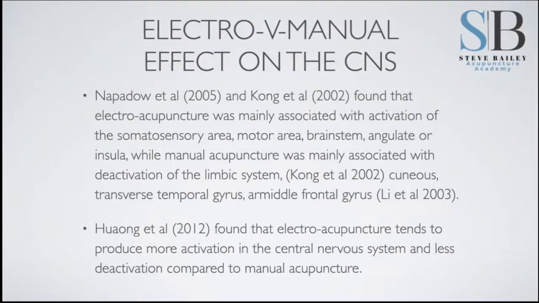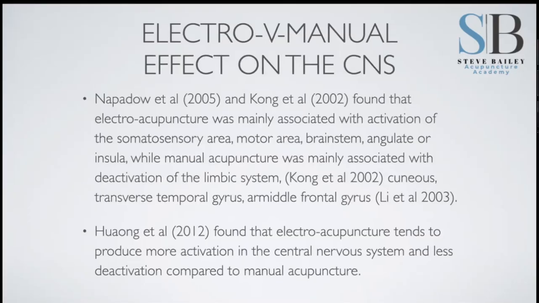So if we look at the difference between electroacupuncture versus manual acupuncture, if you look at the study by Napadow and Kong, they found that electroacupuncture was mainly associated with activation of the somatosensory area of the brain, the motor area, brainstem, cingulate, or the insula, while manual acupuncture was associated with deactivation of the limbic system and other areas of the brain when compared to electroacupuncture.